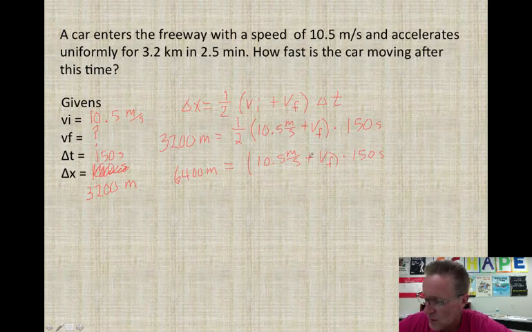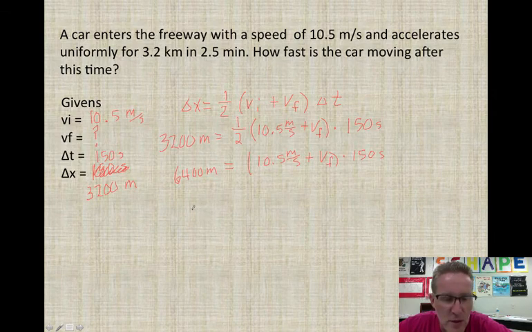And so I will move my 150 over by dividing both sides by 150, and I'm going to get 42.67 meters per second is what we have on that side, because we're dividing meters by seconds.